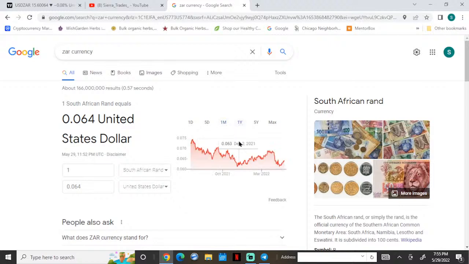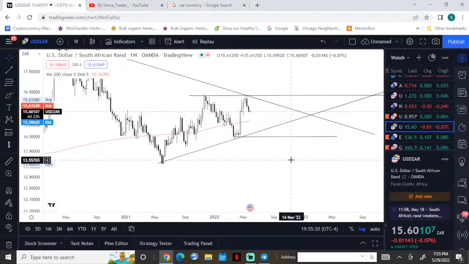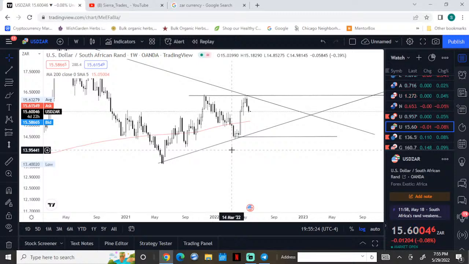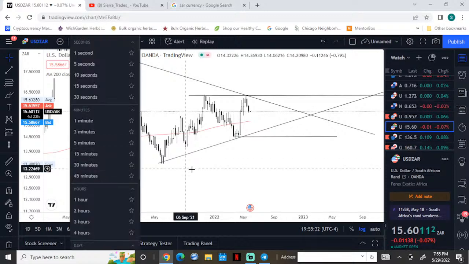A year. 70. 74. June 2021. That dip right there, 63 cents. So it's not even a full dollar yet. That was something right there to trade. You was looking for a currency to exchange. You getting pennies on the dollar right here for real.